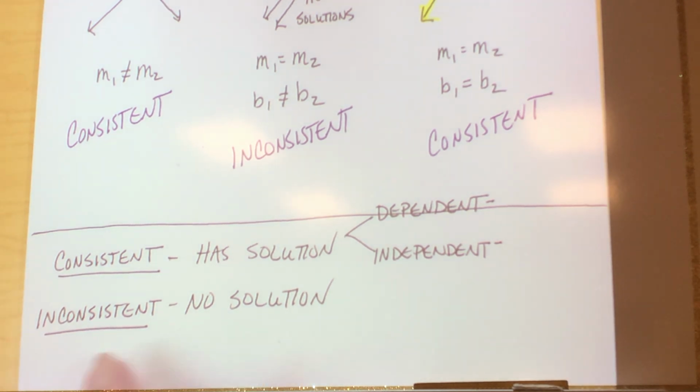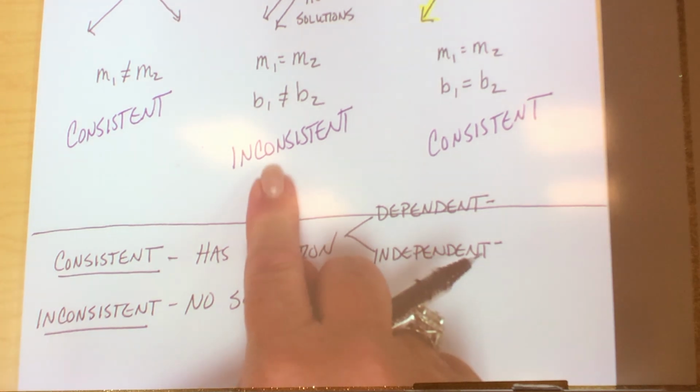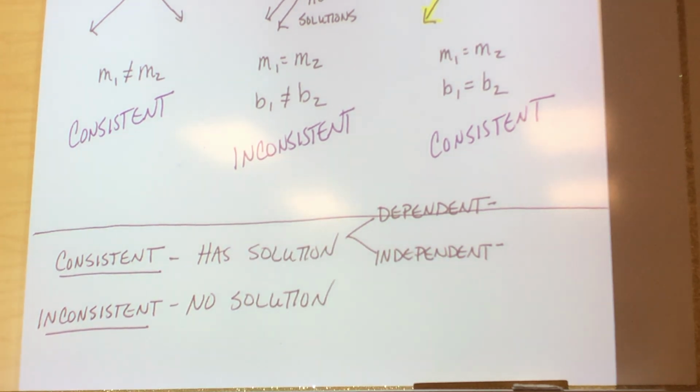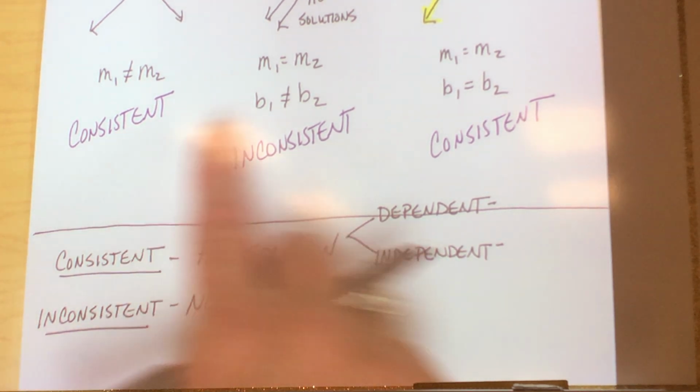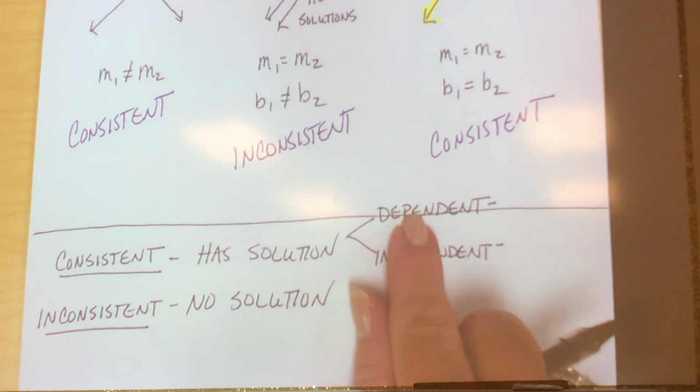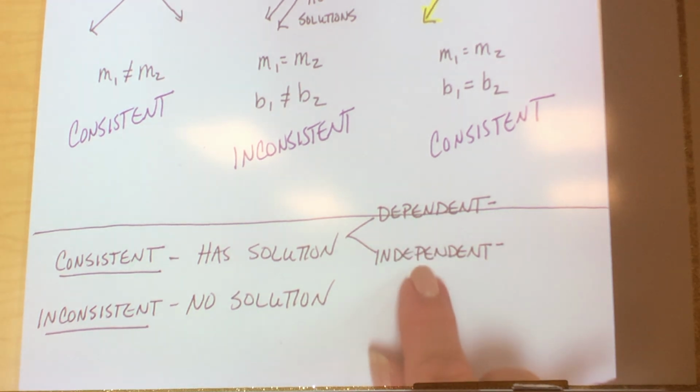So now this guy, he's just inconsistent. He's not inconsistent in anything else. You're inconsistent, you have no solutions. Okay? So, but there's a difference between these 2. All right? So dependent means what one does depends on what the other one does, right? Do you see what I'm saying? This one says what one does has nothing to do with what the other one does.